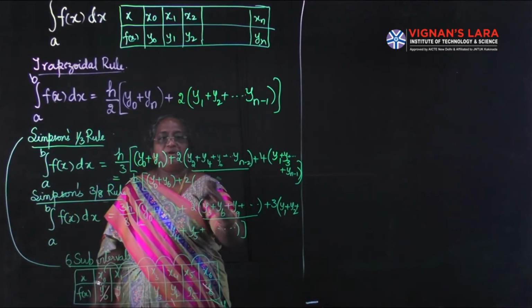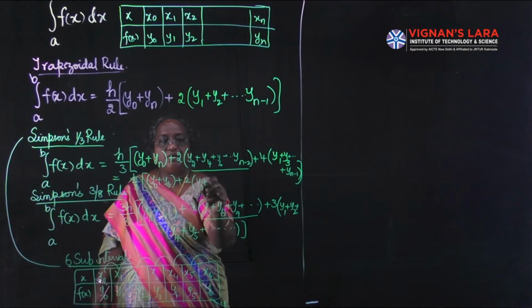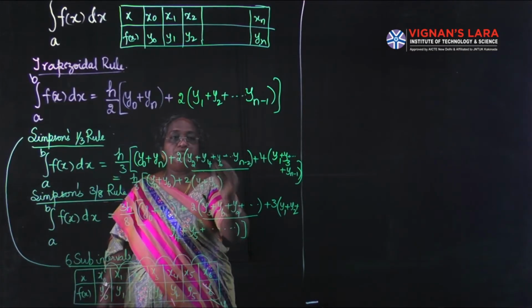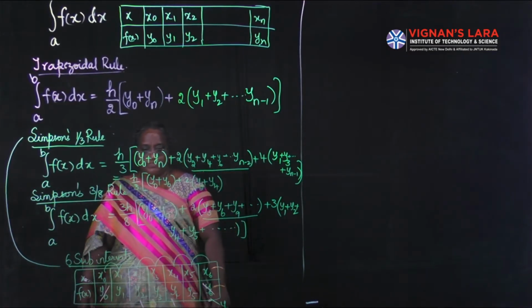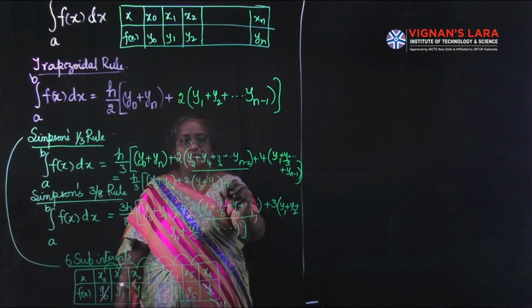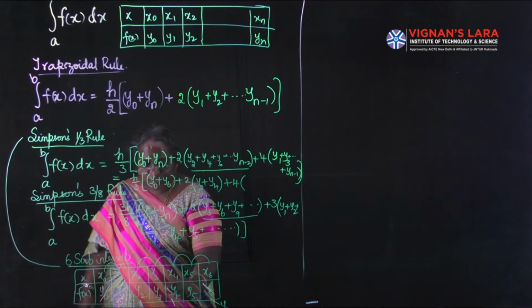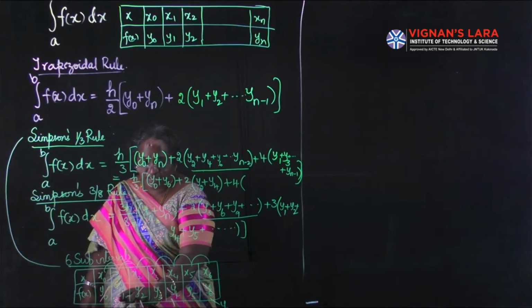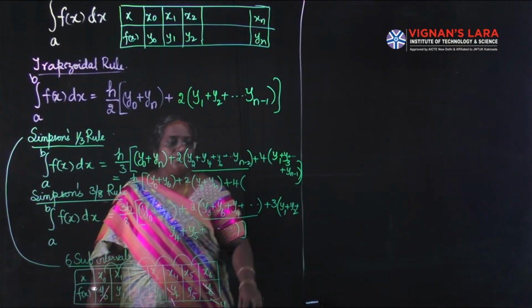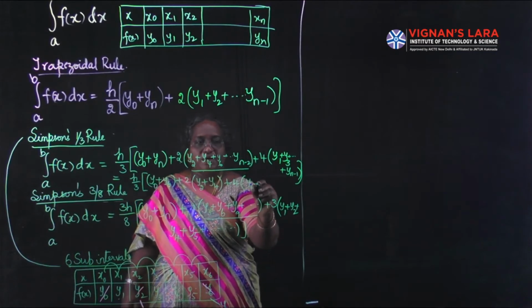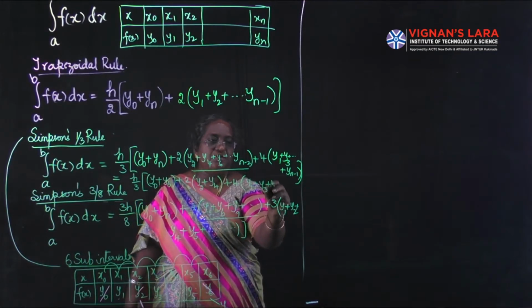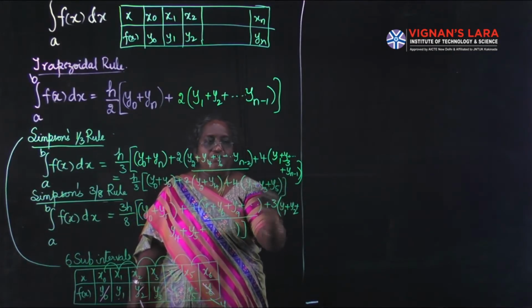So we write 2 times y2 plus y4. The remaining terms are y1, y3, y5. 4 times y1 plus y3 plus y5. That is how you have to write.